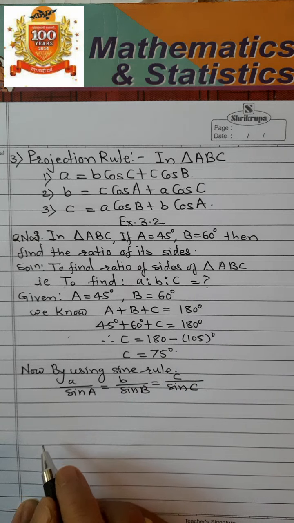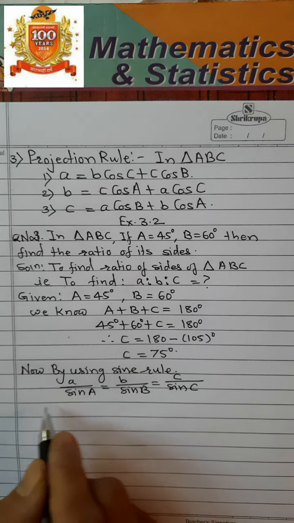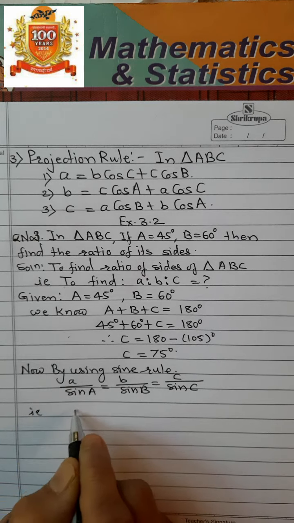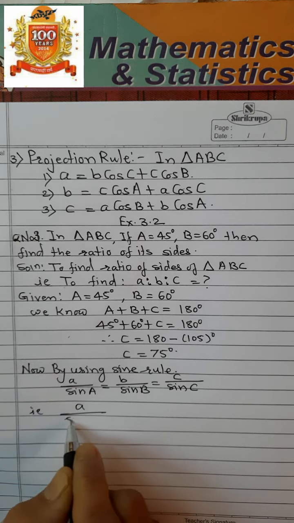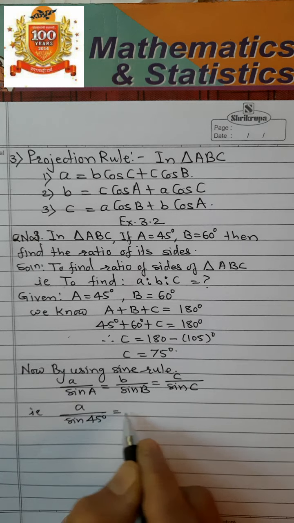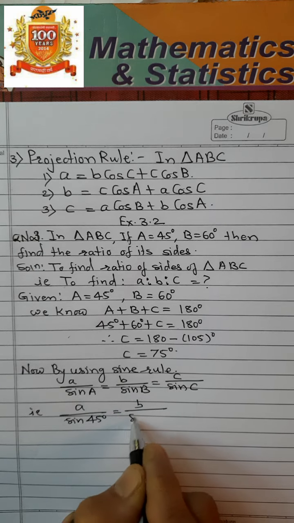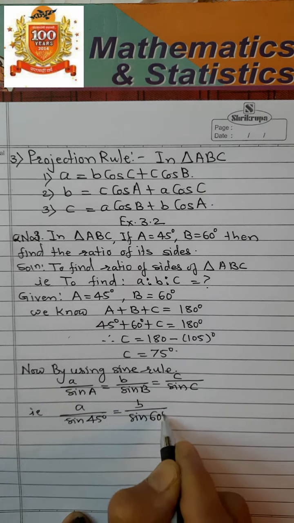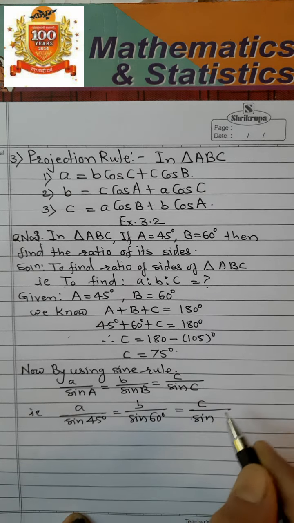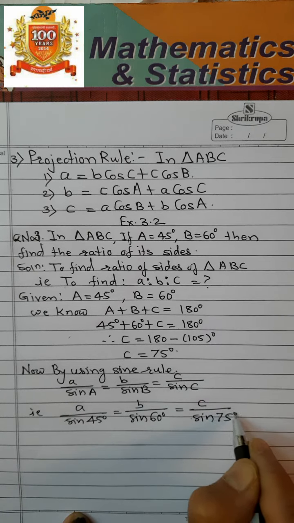Isn't it? Now here a upon sine 45 degree is equal to b upon sine 60 degree is equal to c upon sine 75 degree.